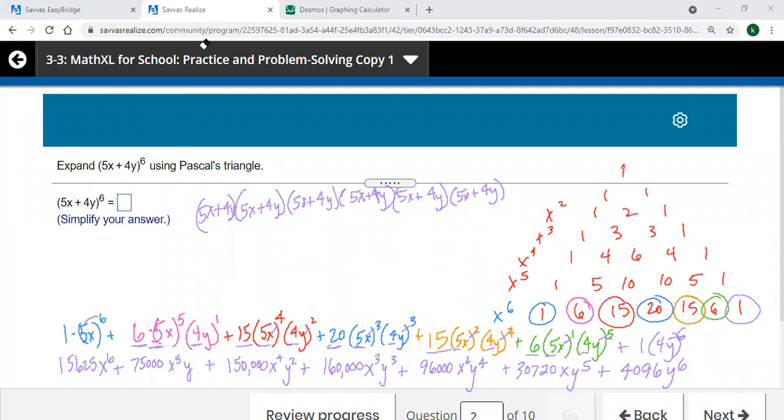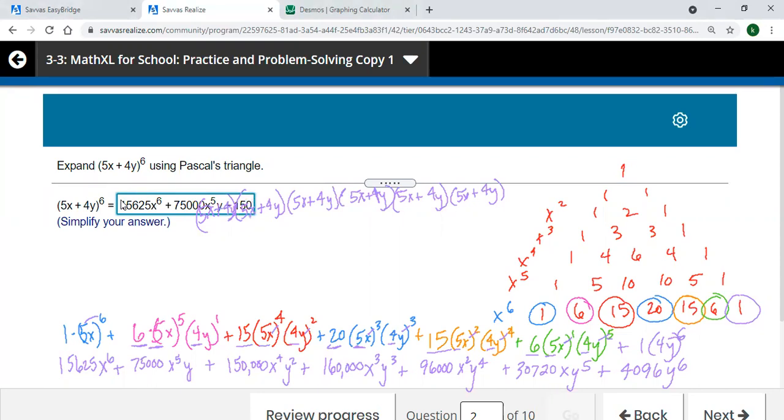But the correct answer here, if I did all this right, 15, this is a lot to type and not have a mistake. X to the 6th plus 75,000 x to the 5th, y to the 1st, plus 150. Can't see my work up here.